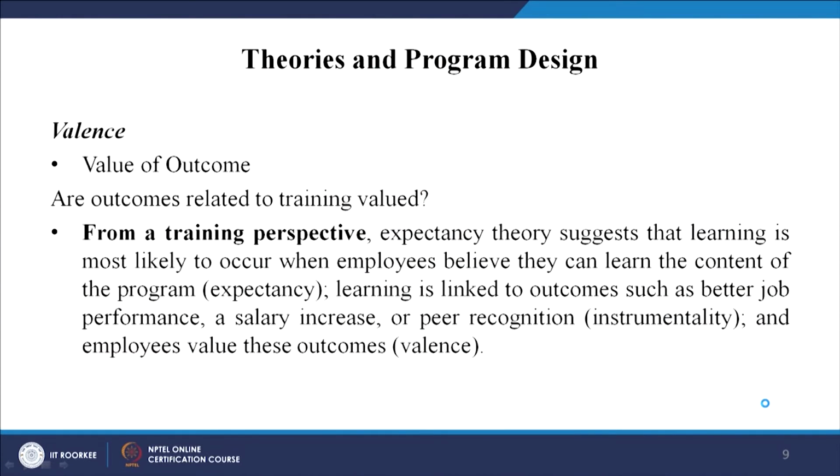The learning is linked to outcomes such as better job performance and a salary increase, because better job performance is linked to an increase in their reward system, recognition or peer recognition, that is instrumentality, and employees value these outcomes. When they come back, they value these outcomes, and as a result they find that yes, they are going to make better performances.